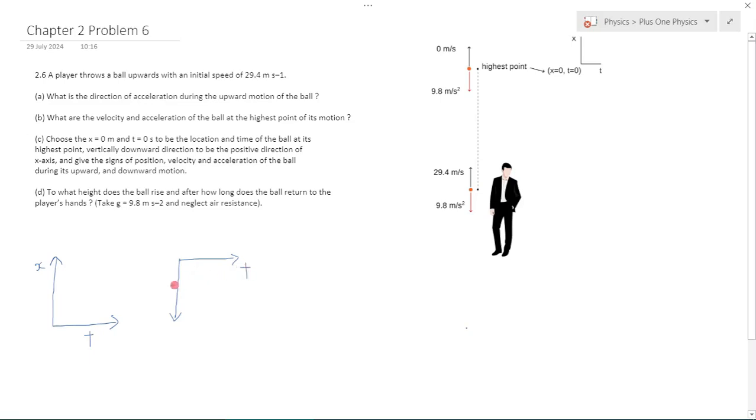Time is the same, but the x direction is in the opposite direction, that the vertical downward direction is taken to be the positive direction of x.